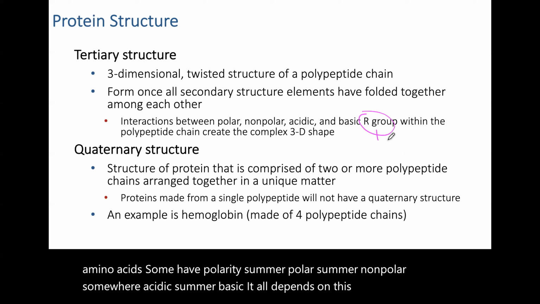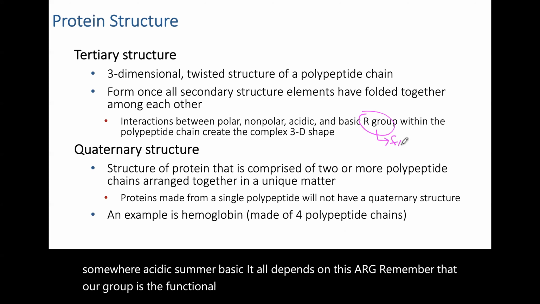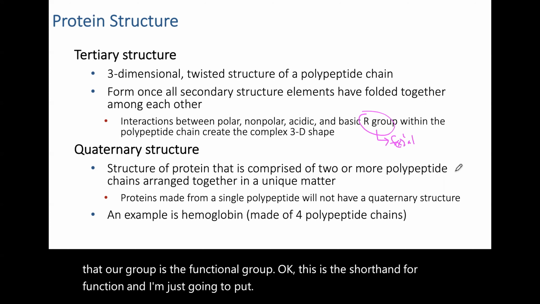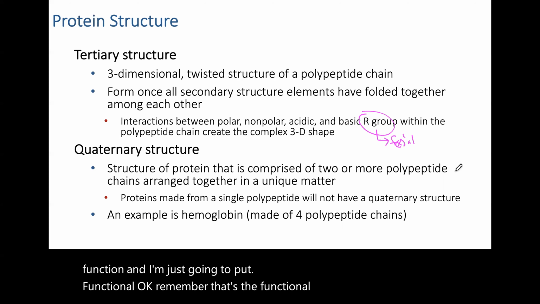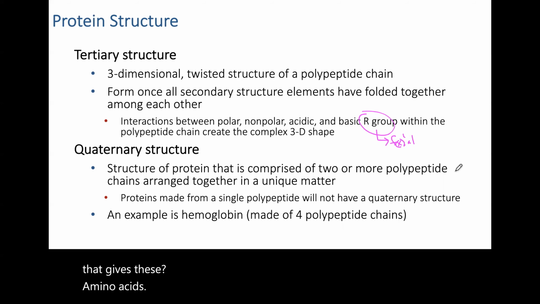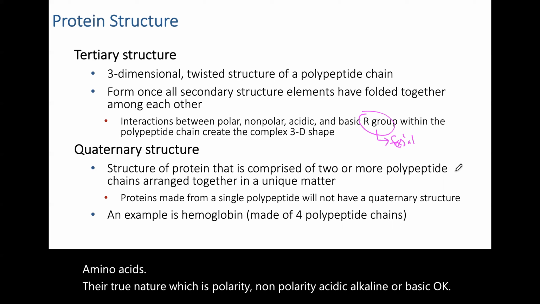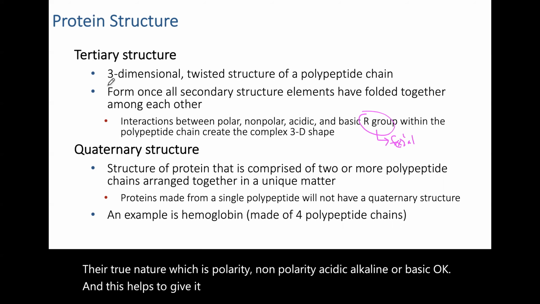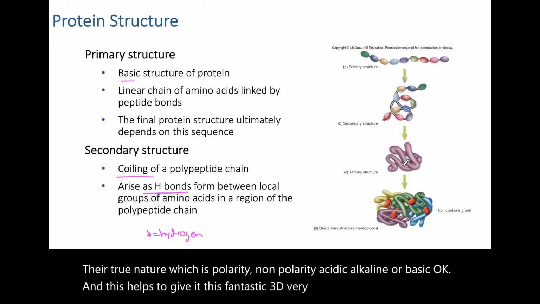Remember, the R group is the functional group. It's that R group that gives these amino acids their true nature, which is polarity, non-polarity, acidic, alkaline, or basic. And this helps give it this fantastic 3D, very twisted, very globular type of structure.